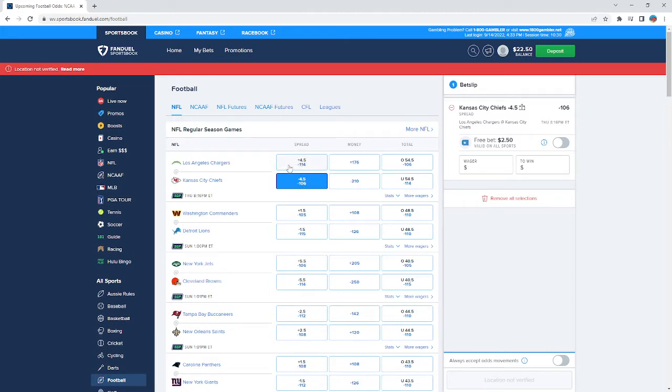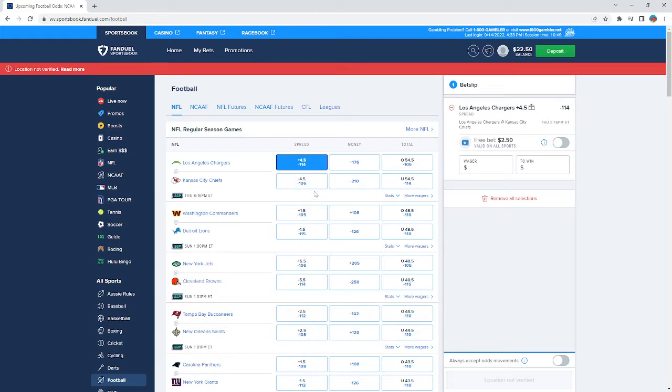Now look at the Chargers, who have a plus 4.5 spread. If you pick them, that means they have to lose the game by 4 points or fewer, or win the game outright, or tie in the event of that happening.